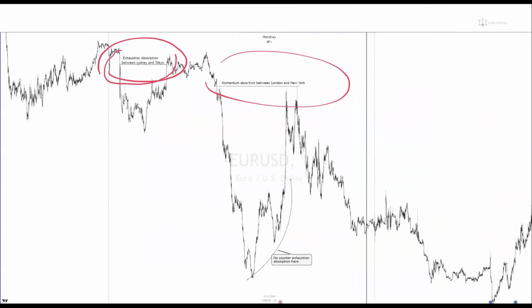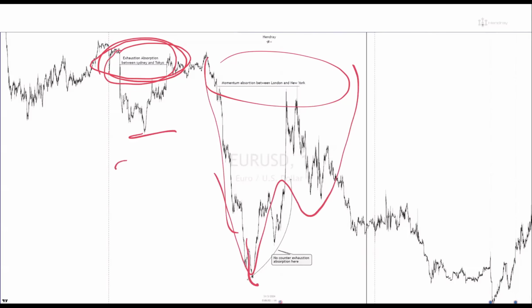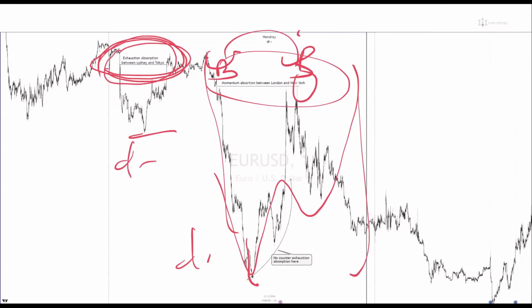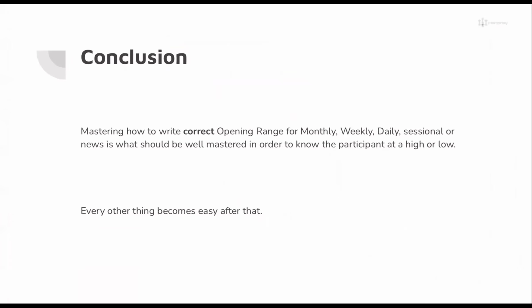I was just trying to show you here, we even have full exhaustion absorption between Tokyo and Sydney. All right. So there was nothing to oppose that, showing that that is the trend, even though this is also D minus and D minus, but this also has established that trend for HORC. And whatever happened here is just buyers and buyers causing a momentum absorption to go down.